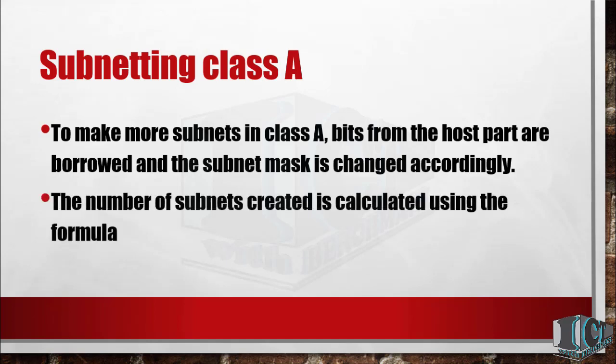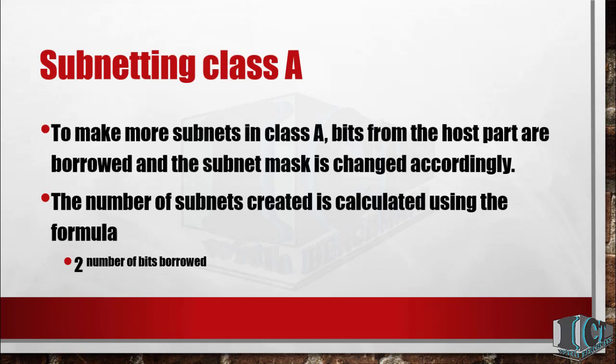The number of subnets created is calculated using the formula 2 to the power number of bits borrowed. So how many small networks or subnets can be created is calculated using this formula, that is 2 to the power the number of bits that are being borrowed.